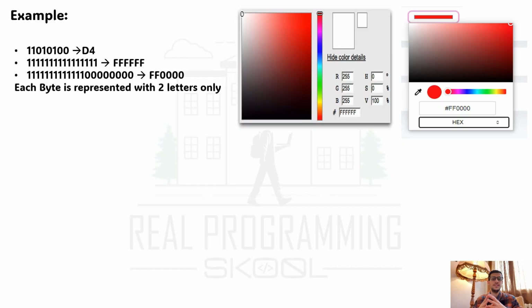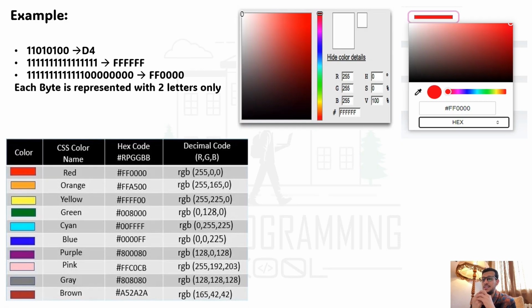So it's easier for me as a developer to read these letters and numbers than the whole binary number. And this table explains the CSS color names, the hexadecimal code and the decimal code. If you focus here: hashtag double F four zeros, hashtag double F A 500, hashtag four times F and two zeros.